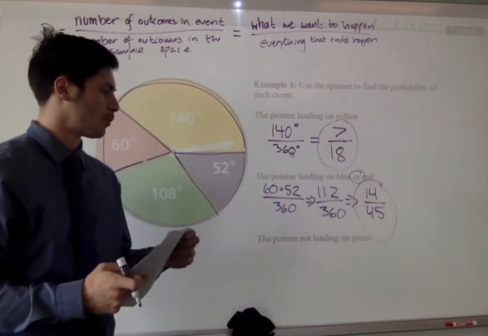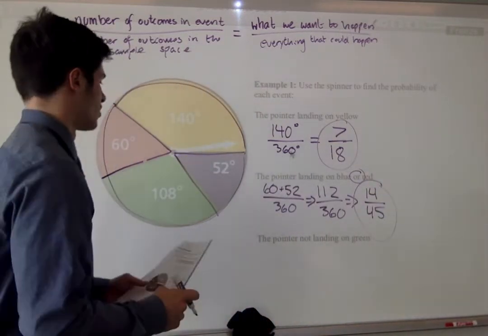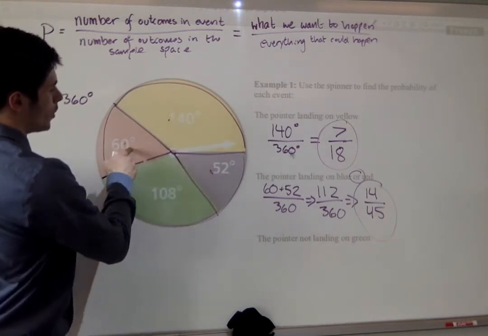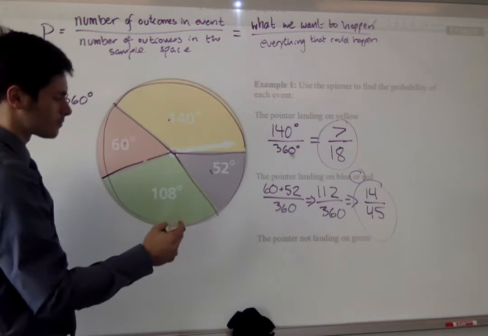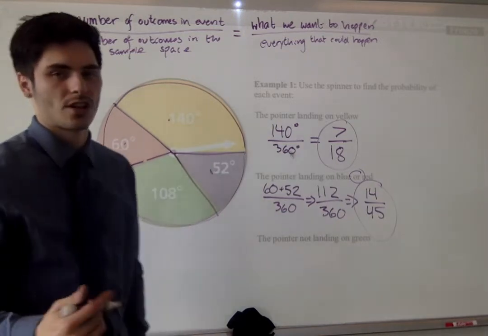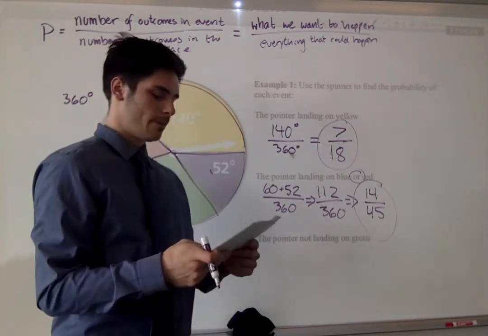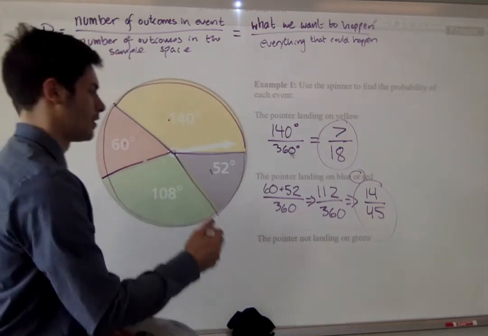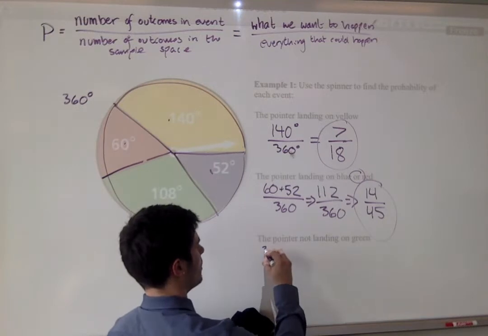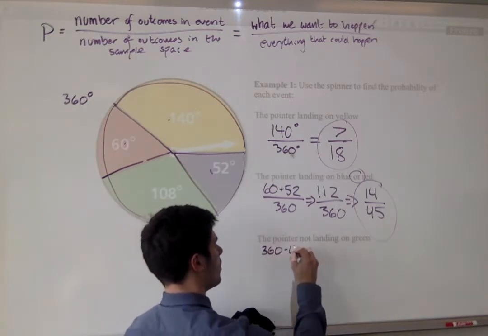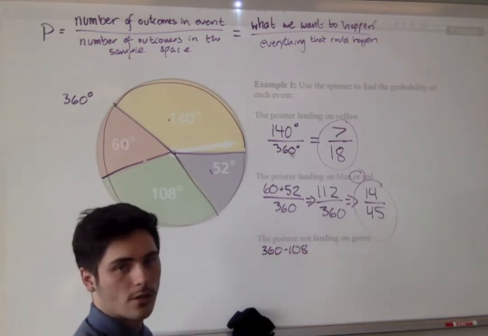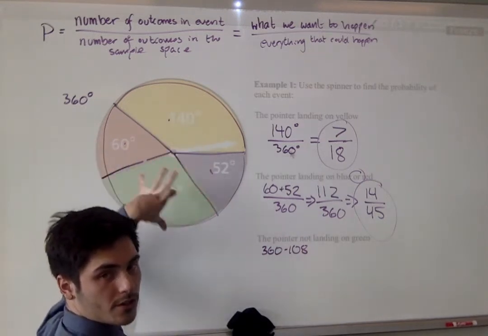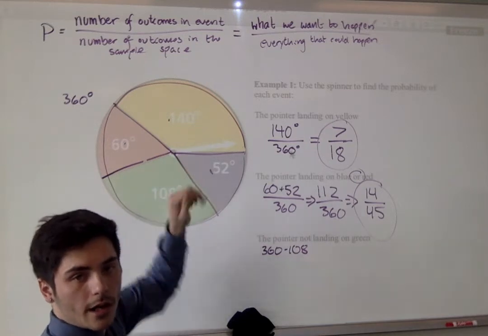And lastly, the pointer not landing on green. So we're going to look at red, yellow, or blue, and not green. There's a couple ways we could think about this. We could say, let's do 360 minus 108, because our possibilities are everything except for this green. So the whole 360 degrees besides these 108 degrees.